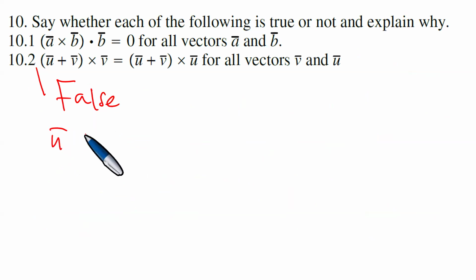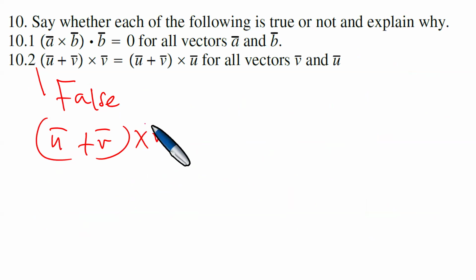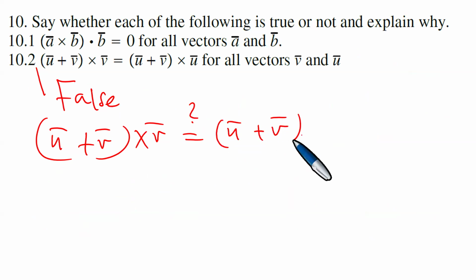If you have vector u plus vector v cross vector v, and vector u plus vector v cross vector u, are these two things equal to each other or not? We have already said it is false.